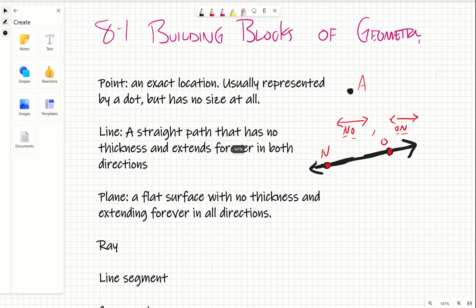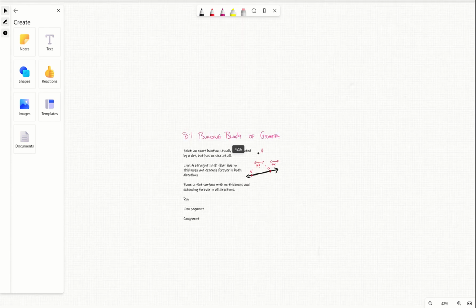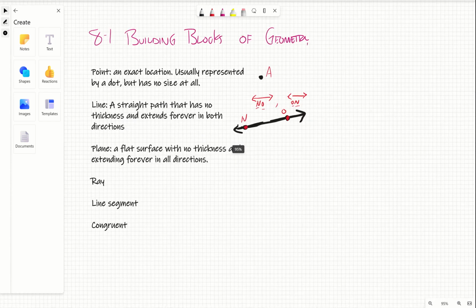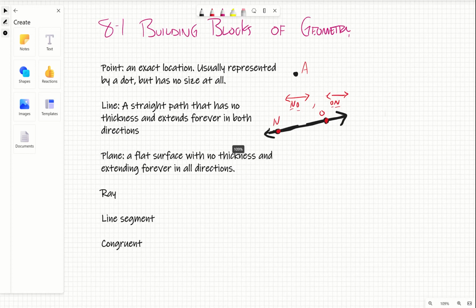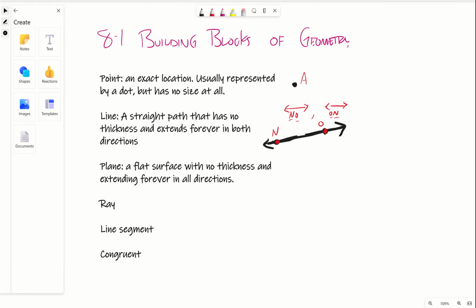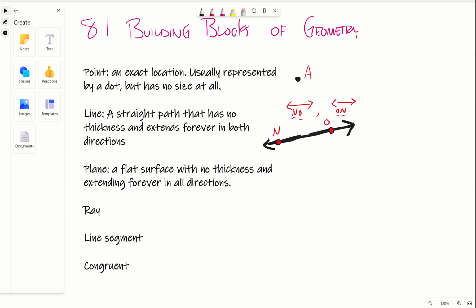It's a flat surface. It extends forever. I can zoom out. I can move it forever and ever and ever. It is not changing. It's a plane. This whiteboard is a plane because it has no thickness. It extends forever in all directions. And it's flat. It's not a 3-dimensional thing. A plane is a 2-dimensional thing. So that's how we know it's a plane.